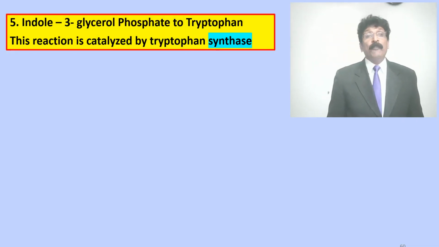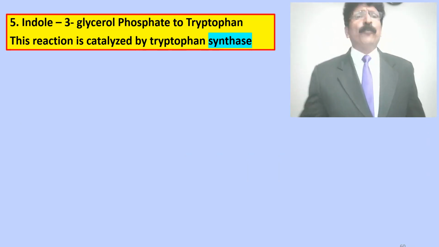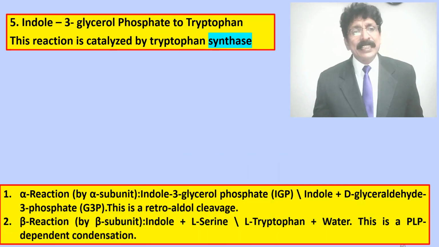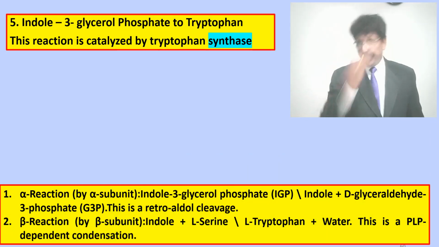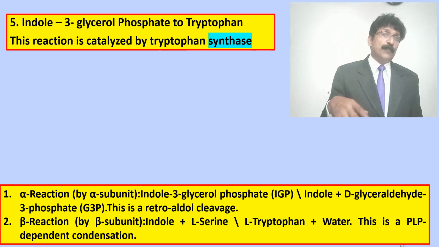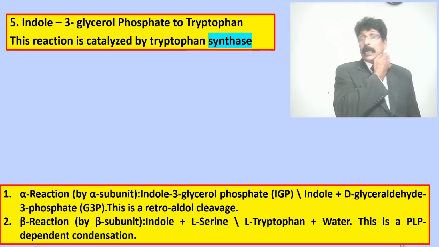And the final step, indole 3-glycerol phosphate to tryptophan. Very easy. This reaction is catalyzed by tryptophan synthetase. There are 2 points there. Alpha reaction is possible and beta reaction is possible, as it is having a chiral carbon atom.